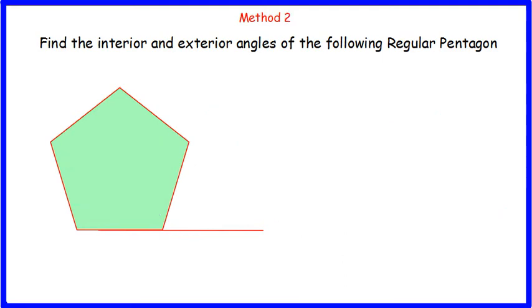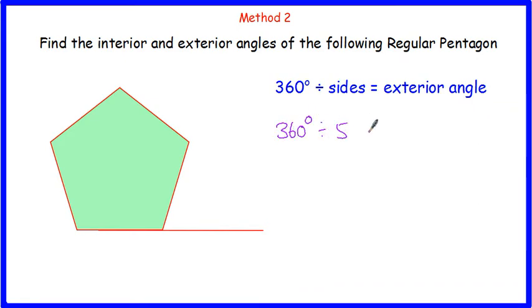My second method is the one I'm going to use for every question in this video, and it's the 360 divided by sides gives me the exterior angle. So 360 divided by 5 gives me 72 degrees.